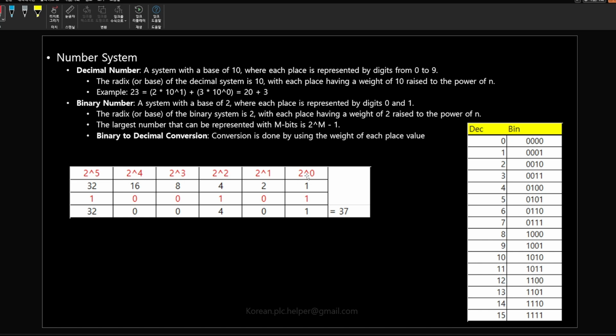Take the values of the corresponding bits and add them all together: 32 plus 4 plus 1. Then it is converted into a decimal value, 37.